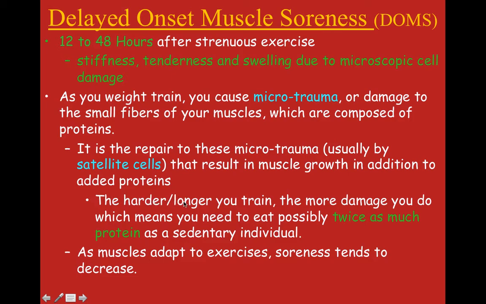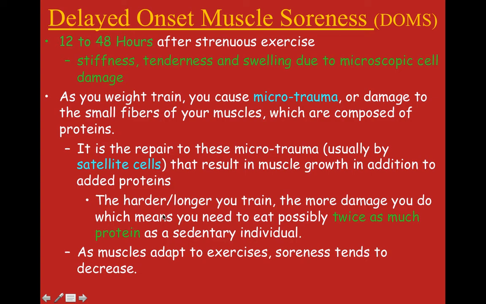So the harder or longer that you train, the more damage you do, which means you may need to eat twice as much protein as a sedentary or normal individual. If you are weight training, you're probably feeling that soreness in your muscles tearing and ripping because of this micro trauma.